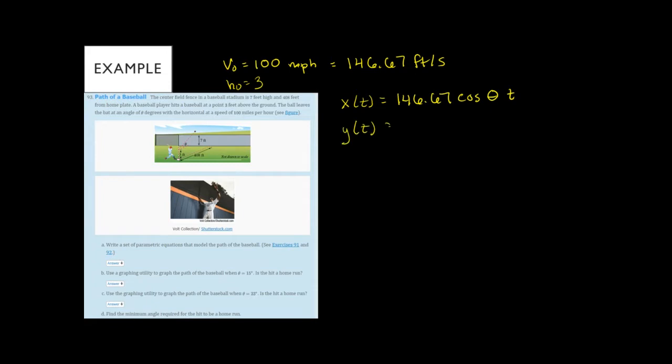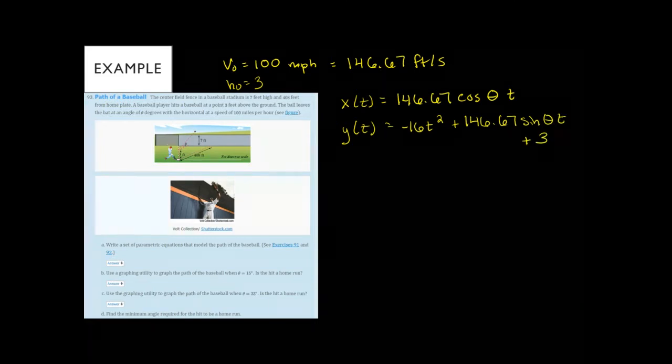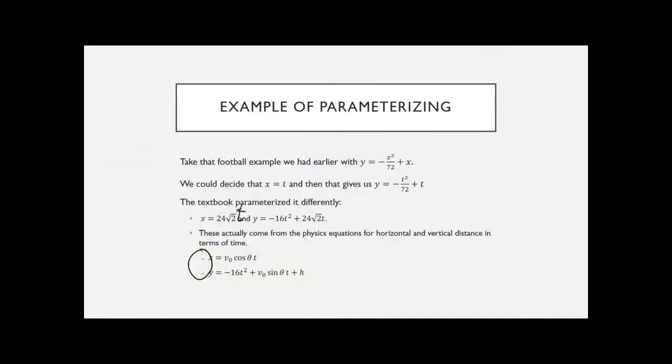And then our second one is negative 16t squared plus v naught times the sine of theta t. So that's 146.67 sine theta t plus your initial height 3. So I'm just plugging in the information we have into these two equations given from physics, and those are the parameterized equations.